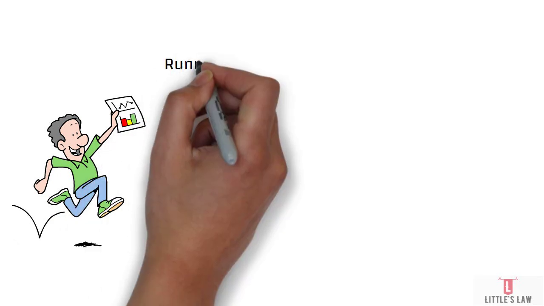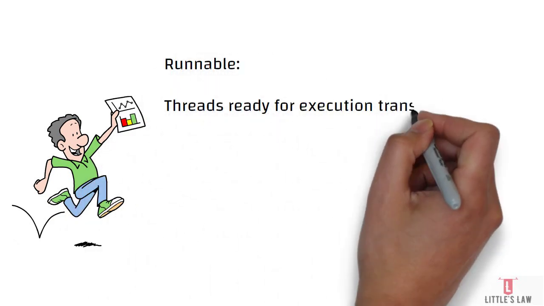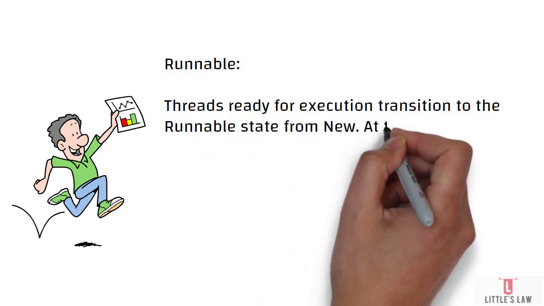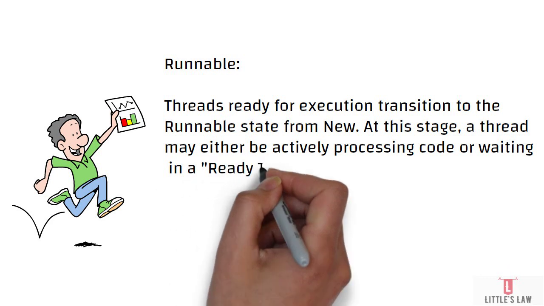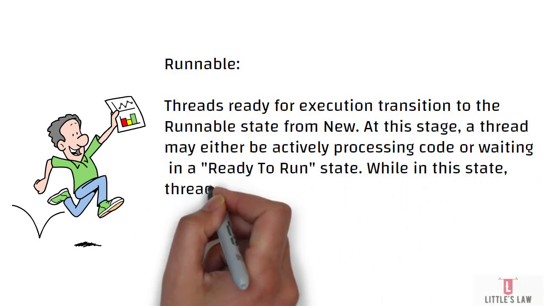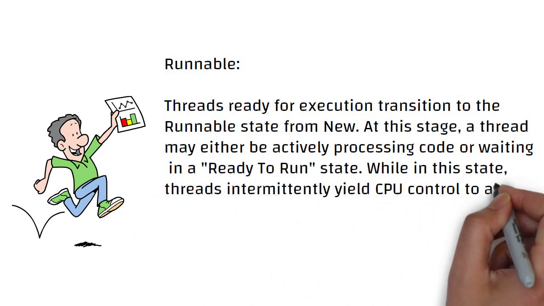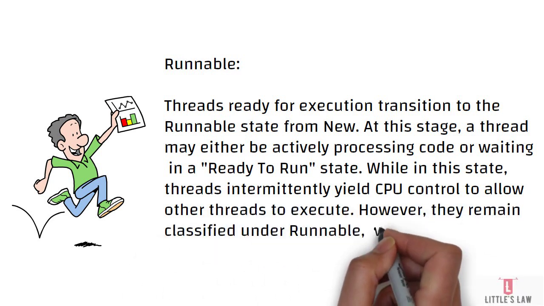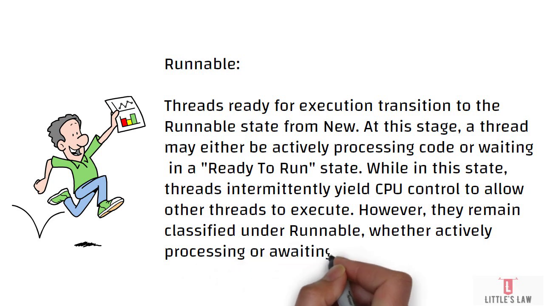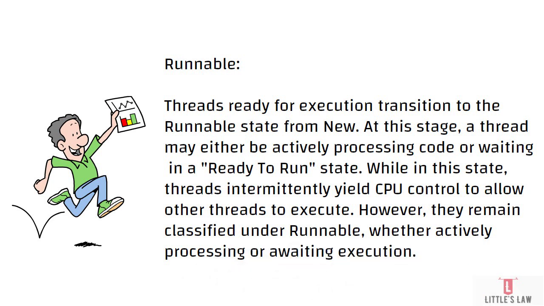For example, imagine a multi-threaded application where multiple threads are concurrently executing tasks. Each thread, after completing its task and giving its control back, allows other threads to execute. They remain classified as runnable, whether they are actively processing or waiting for execution.